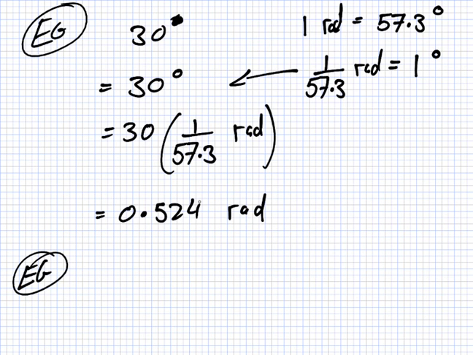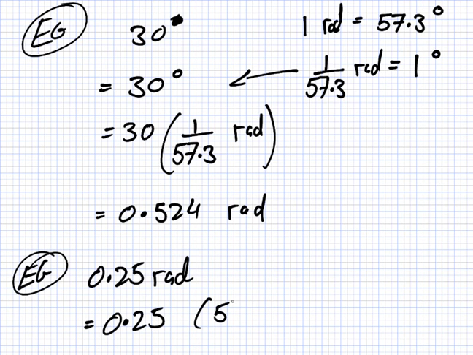In the next example, I ask you to convert 0.25 radians. Actually, this one I should have done first, it's easier. How big is a radian? 57.3 degrees.